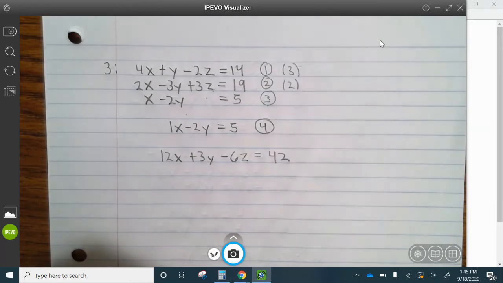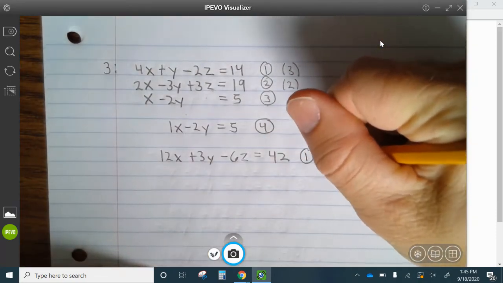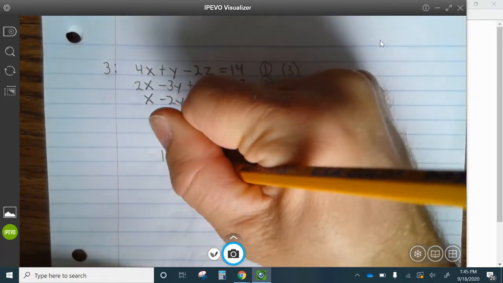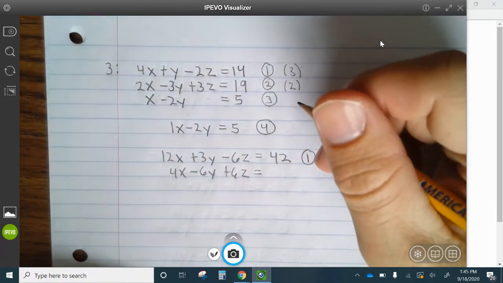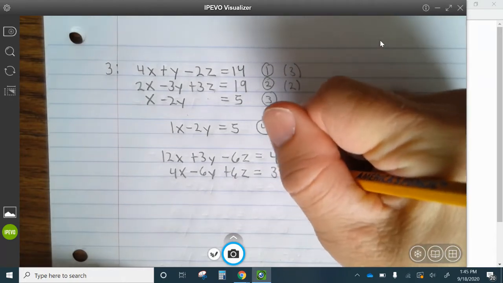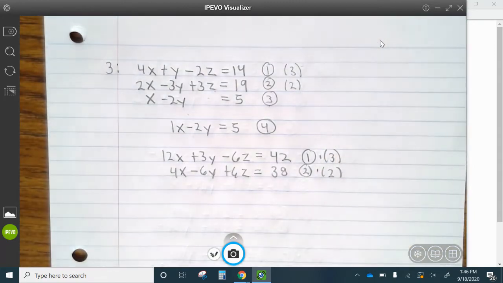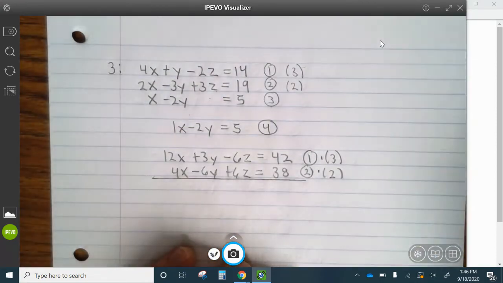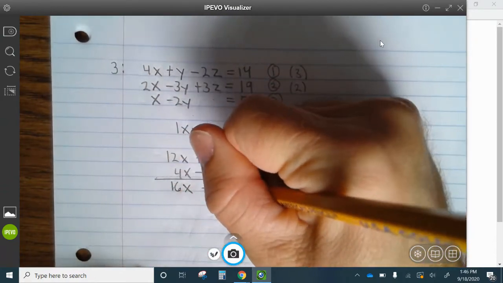And then 4x minus 6y plus 6z equals 19 times 2, which is 38. That's equation 2 times 2. The z's cancel. You're left with 16x minus 3y equals 80, and that's equation 5.